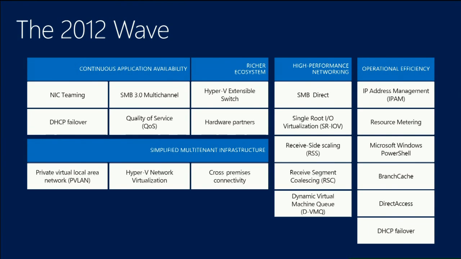How many folks are familiar with the Hyper-V switch and the ecosystem surrounding it? We built a multi-tenant infrastructure to enable the clouds of the future. So not only did that mean we supported PVLANs and other similar capabilities, but we also supported new technologies. We invented new technology, one of them being the Hyper-V network virtualization, which I'll talk about briefly today.